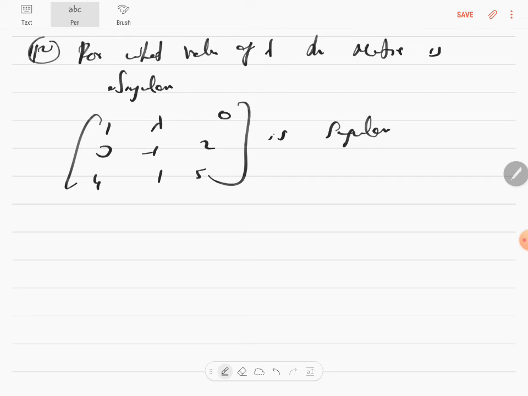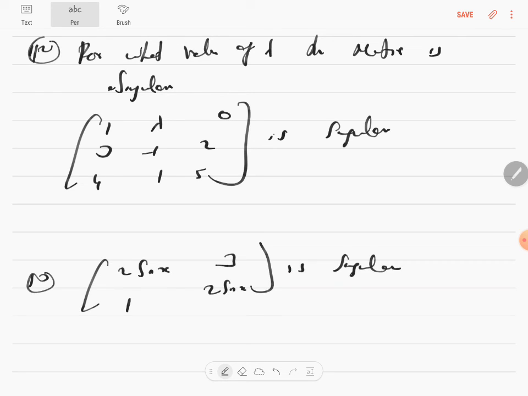Similarly, next: for what value of x is the matrix with minus 2 sin x, 3, 1, 2 sin x singular? For what value of x? You just have to find the determinant, and a singular matrix has determinant equal to 0, and hence find the value.